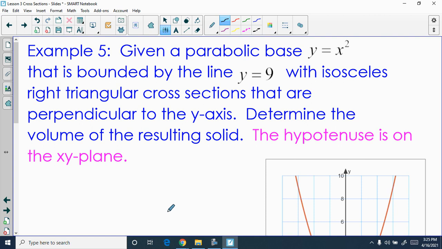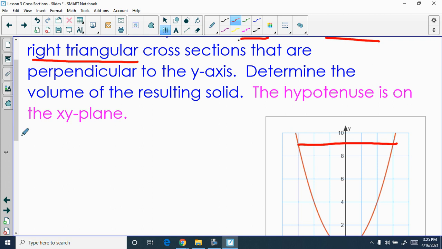For example number 5, we've still got that parabolic base and the y equals 9 lines. I'm going to draw that back in here. This time we're using an isosceles right triangle, which is that 45, 45, 90 triangle. The area is still 1/2 base times height for a triangle.